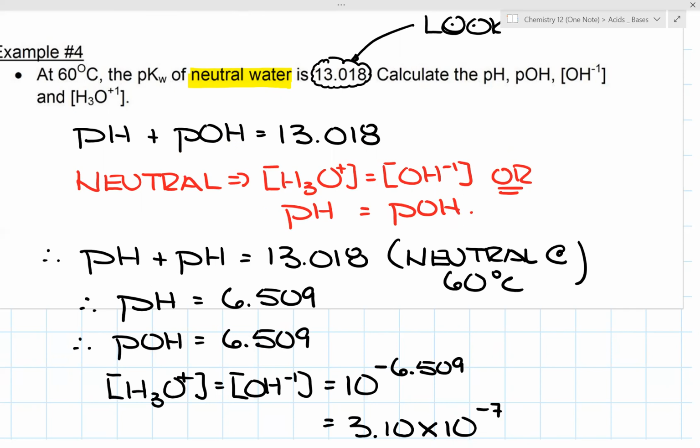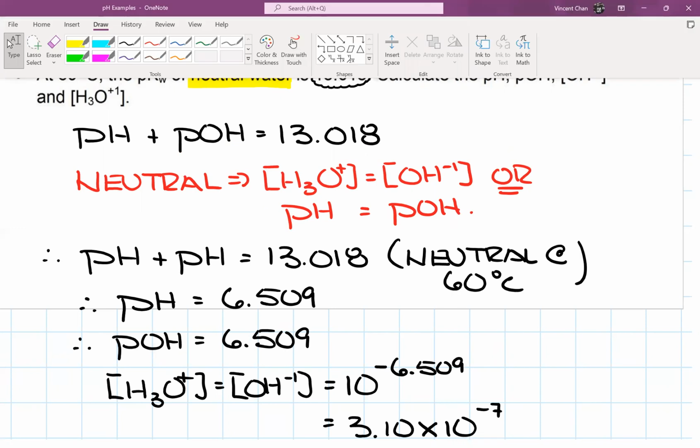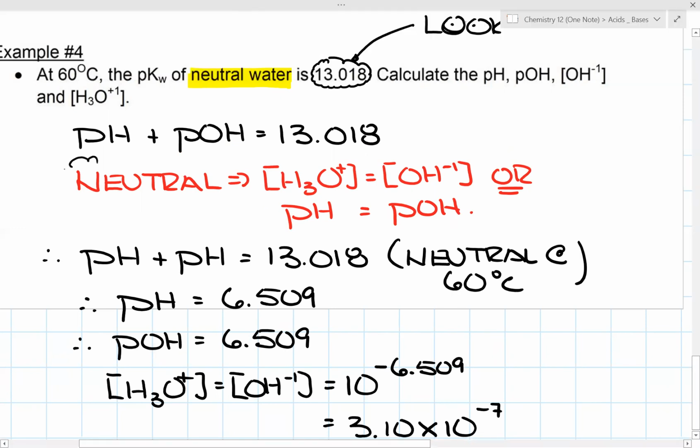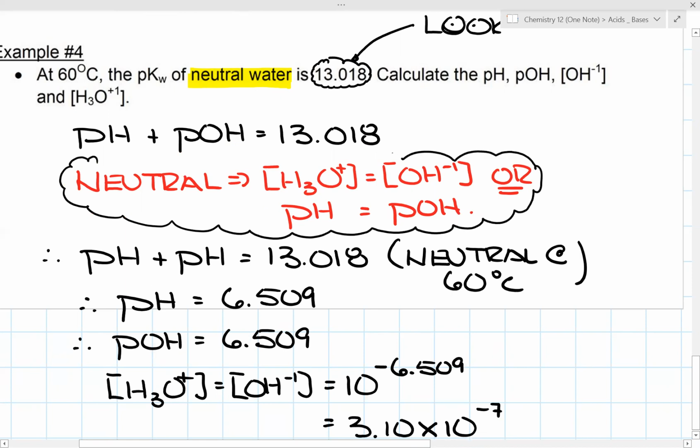For neutral water, doesn't matter what the value is, you have to remember that H3O⁺ is equal to OH⁻, or the pH is equal to pOH. That's what neutral means. The one thing that can trip up people is that they're obsessed with the number. They say it has to be a pH of 7, 1.0 times 10 to the negative 7. But that is only at 25 degrees Celsius.